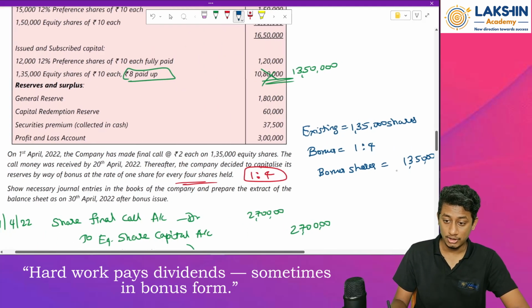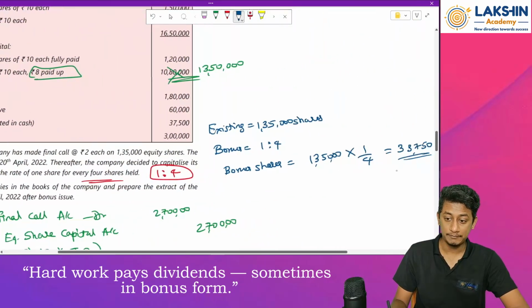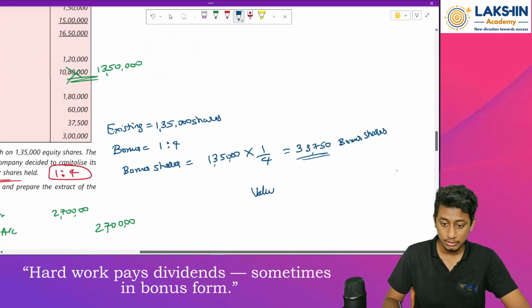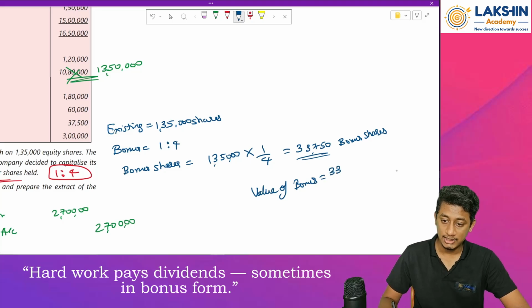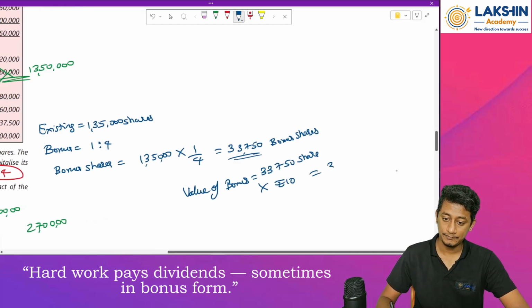Okay. So now, how much money do we need? Value of bonus: 33,750 shares into rupees 10 each, so that would be 3,37,500.